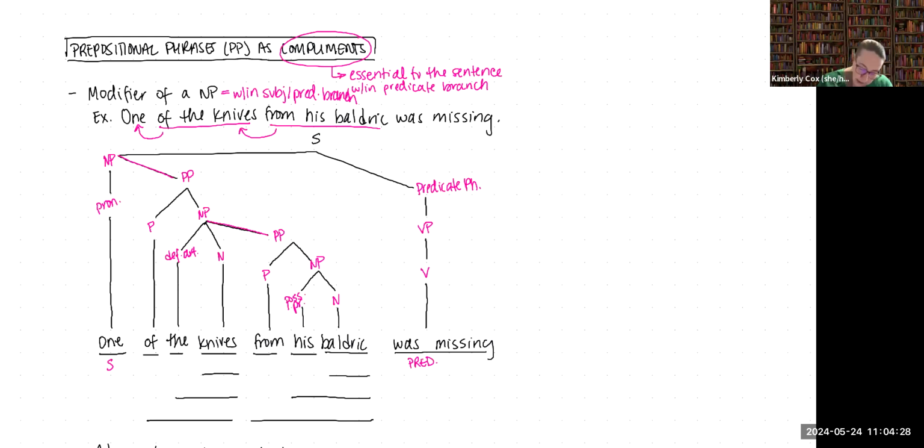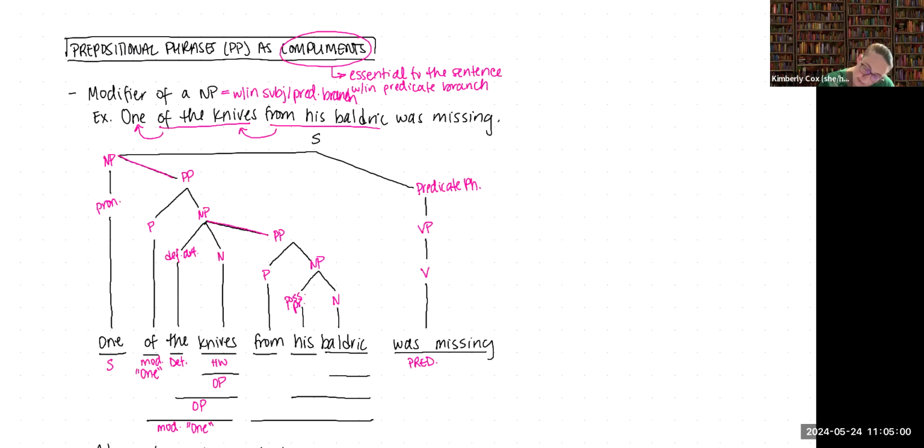Of we know is a preposition, but here it modifies one, right? The is a determiner. Knives is a head word. It's also the object of a preposition. The knives, the full noun phrase, is the object of the preposition of. And all of it modifies one, so it is functioning like an adjective.